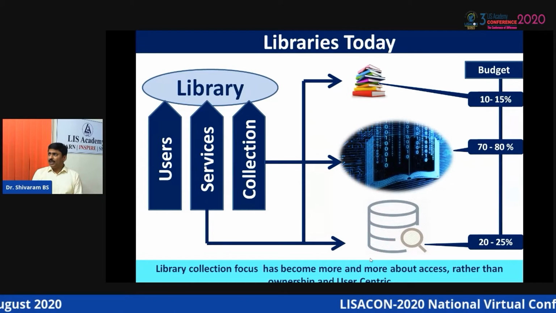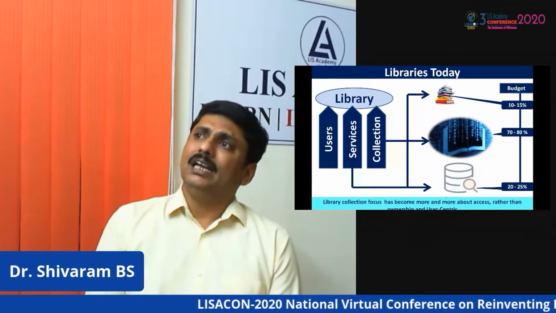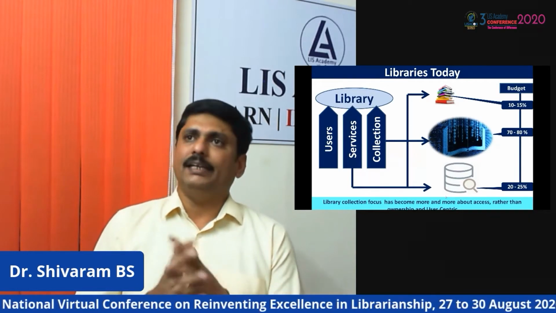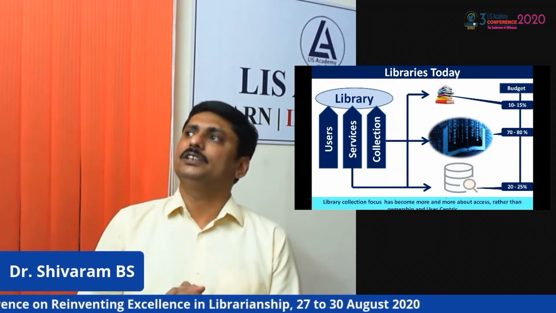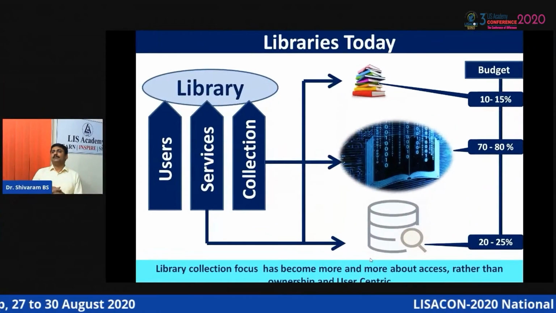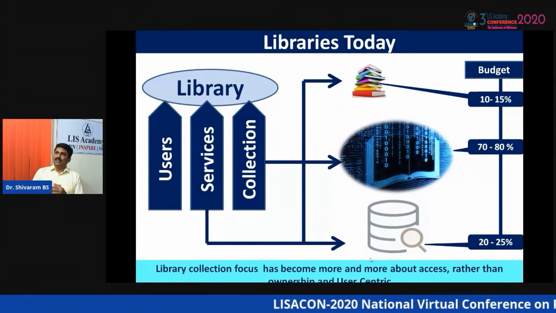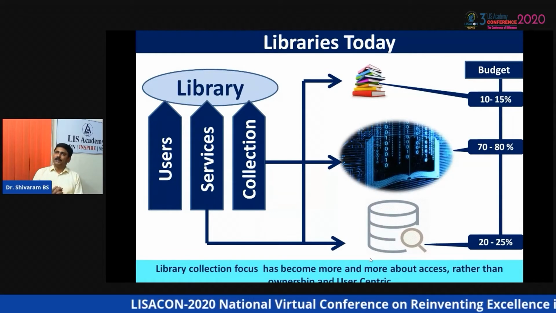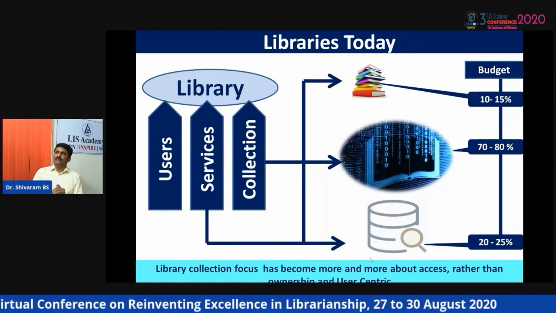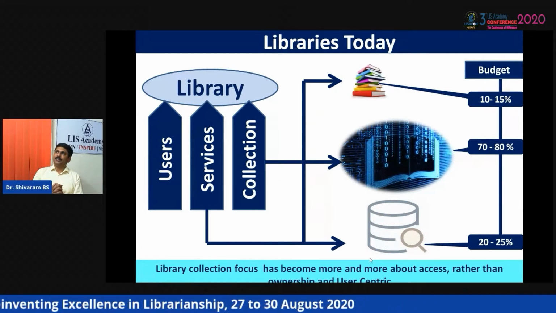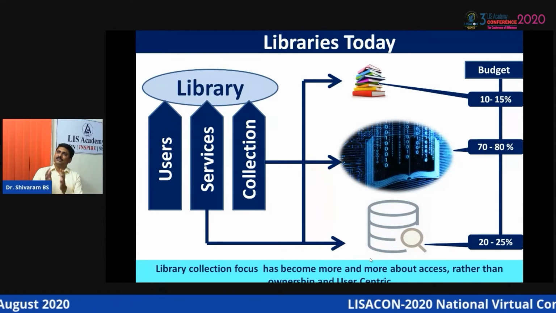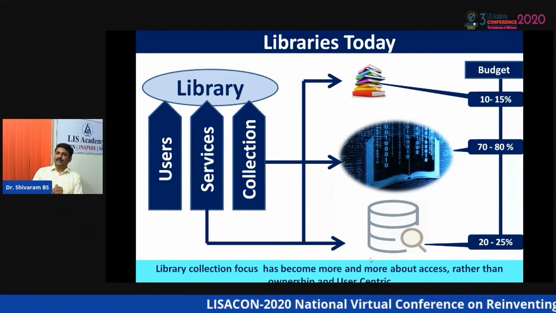Now all libraries, especially in higher education and research institutions, are spending almost 80 to 90% of their budget on digital collections. They also subscribe to various platforms to increase the efficiency of usage of the digital content they have acquired, and print resource budget allocation is going down year by year.